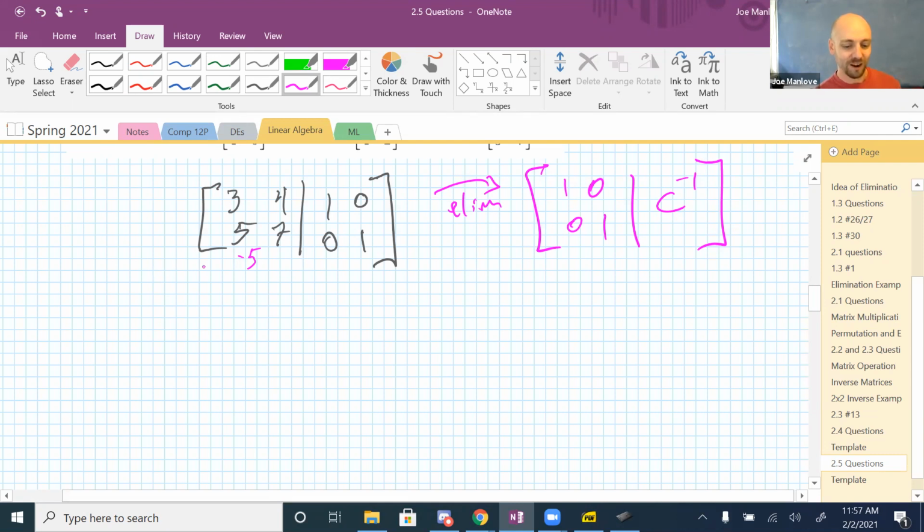So in pink here, I'm going to write minus 5/3 row 1. That was not a comprehensible symbol. That's still not a comprehensible symbol, but it's what I got. Okay, so minus 5/3 row 1. If I take 3 and multiply by minus 5/3, I get minus 5. You guys all with me on that?